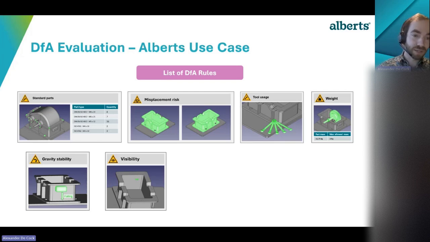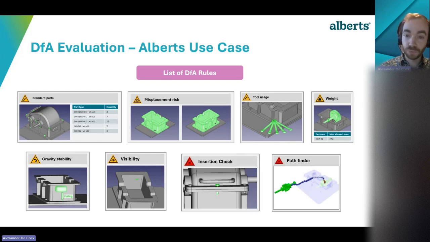We have a rule on gravitational stability that highlights when parts need extra support. We have a rule on the visibility of the parts and if they can be seen when working on the connections. And then we have a combination of rules on insertion of parts and insertion path of parts that can evaluate if a part can be inserted and if so, which path it should follow to be inserted in the subassembly.